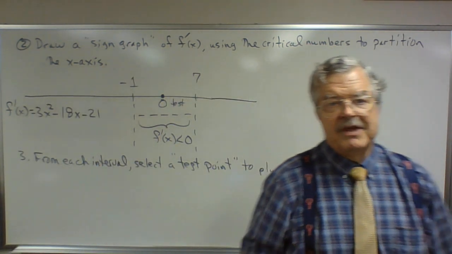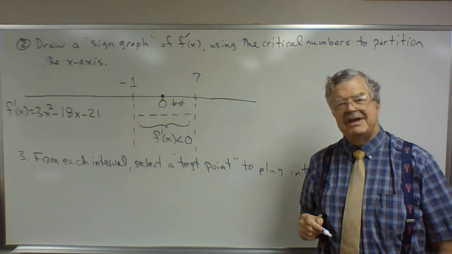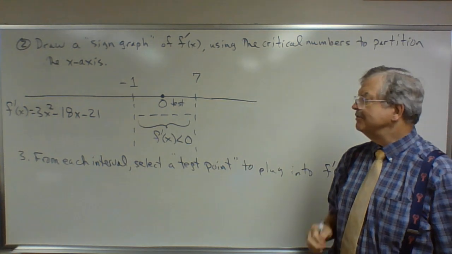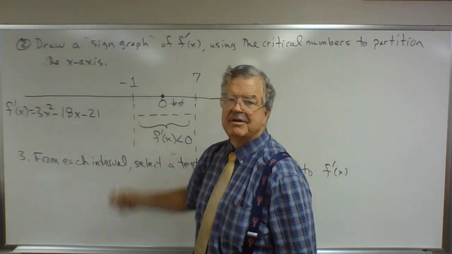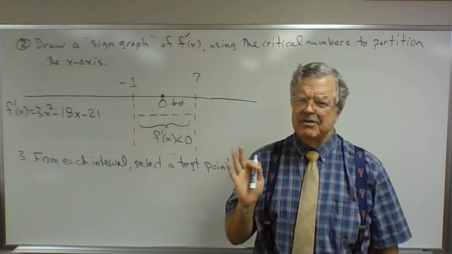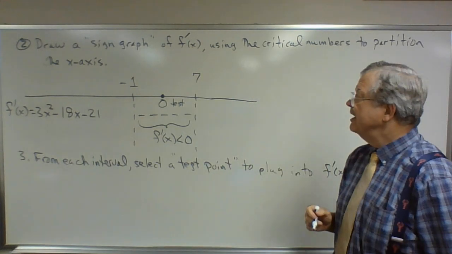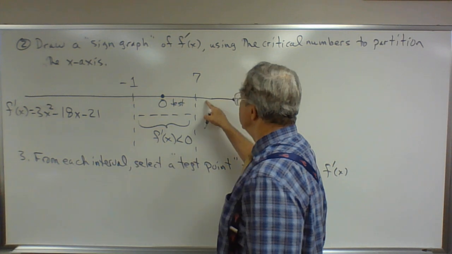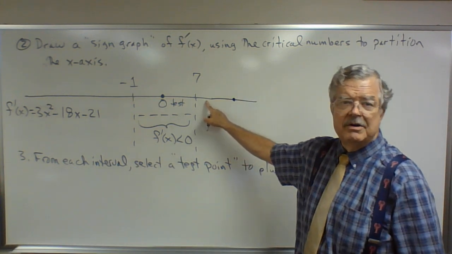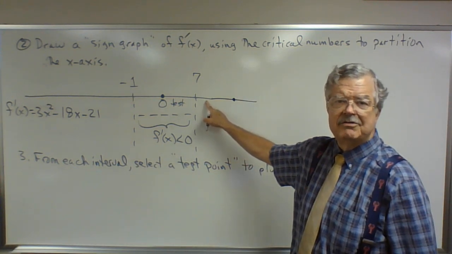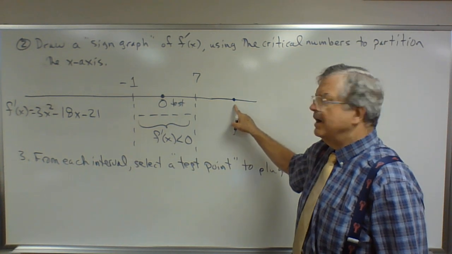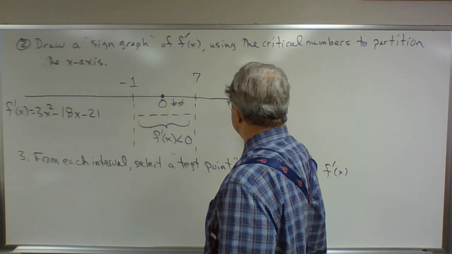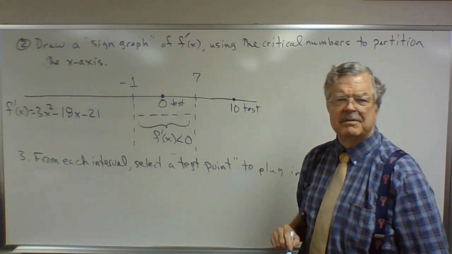We have to do the same thing with the other intervals. We just can't assume that the sign of the derivative will alternate positive, negative, positive. Doesn't always work that way. So I'll pick a test point here, and 8 would be a good test point. It lies to the right of 7. But I'll give you an even better one. 10 is pretty good.